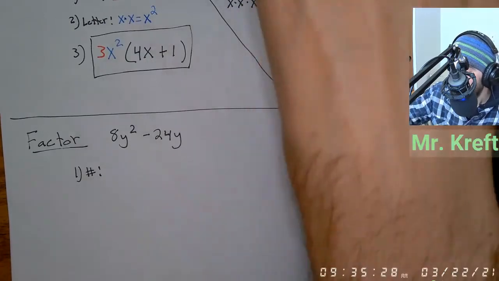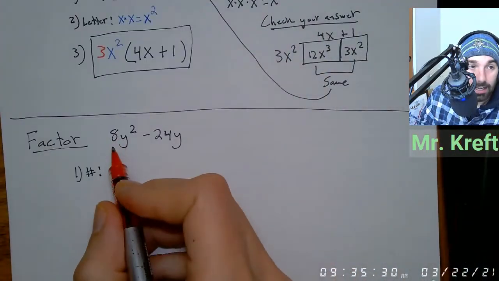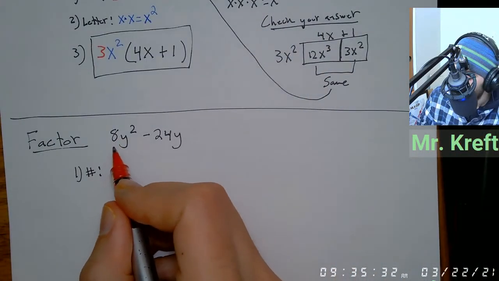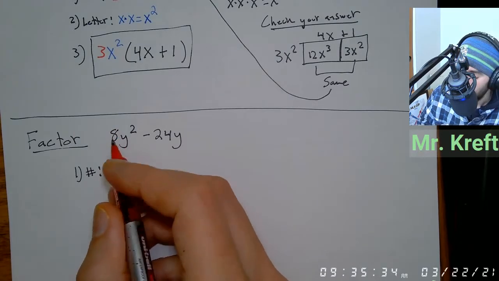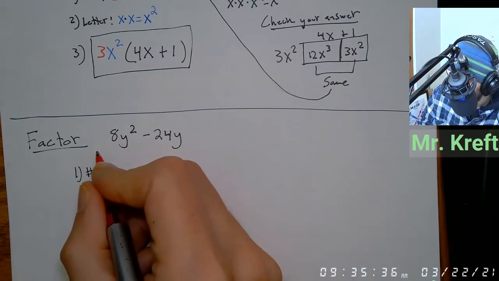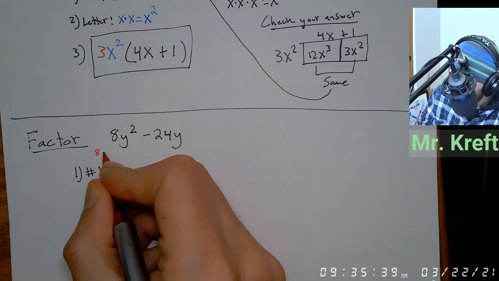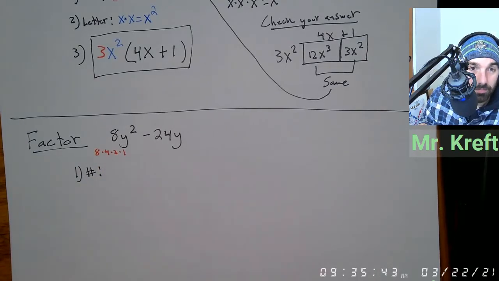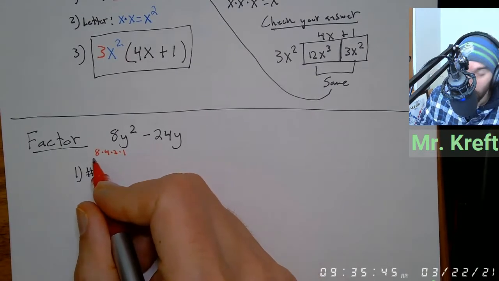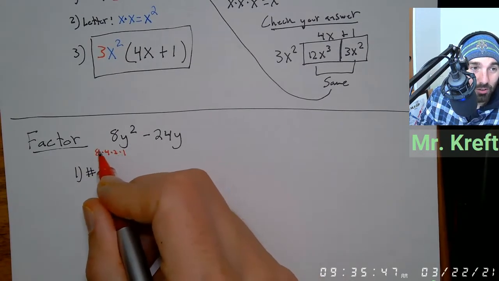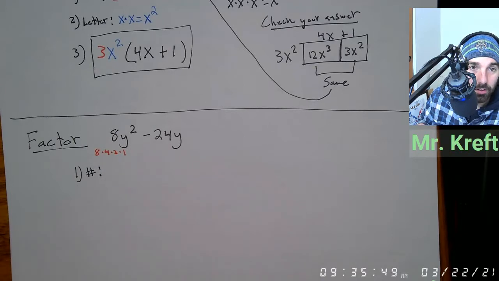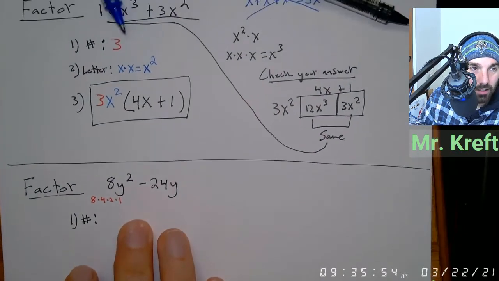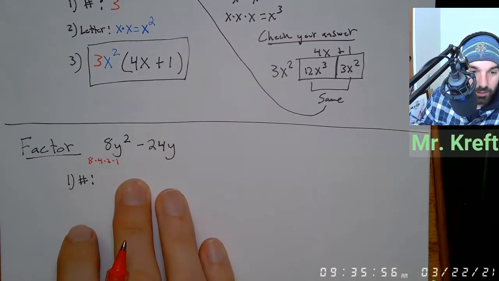So what am I going to factor out? I always try to start with your smallest number, right? What numbers go into 8? So that's 8, 4, 2, and 1. Okay. So then always start with your biggest and then work your way down. So does 8 go into 24? I think we did that earlier, right? 8 does go into 24, doesn't it?